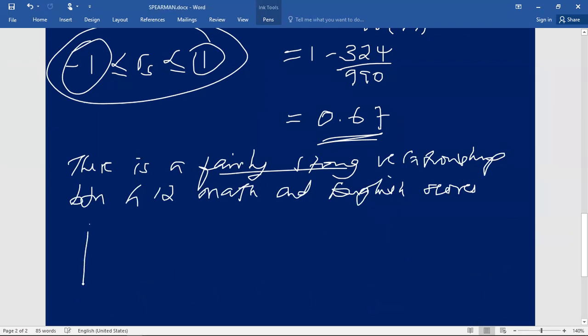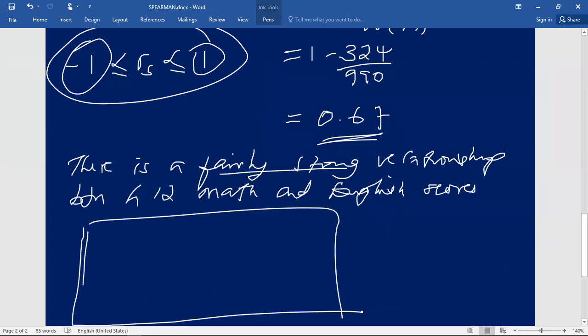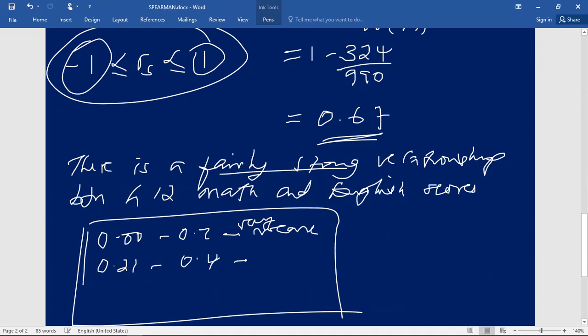Okay, what happens is that we have from 0.00 to 0.2. This means that the relationship there is very weak. And then we have 0.21 to 0.4. This one is a weak relationship. And then we have 0.41 to 0.6.